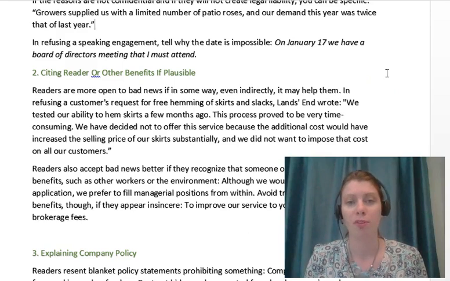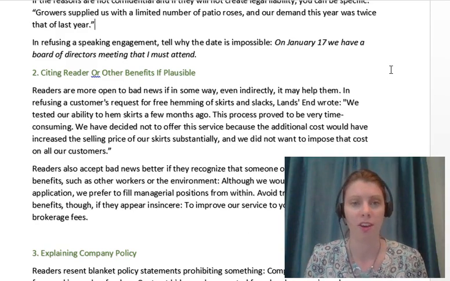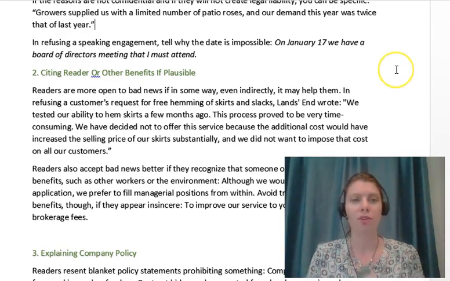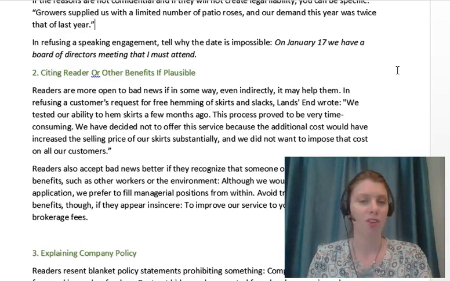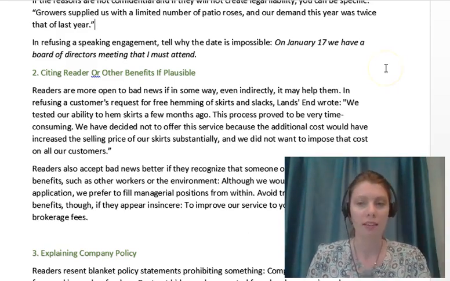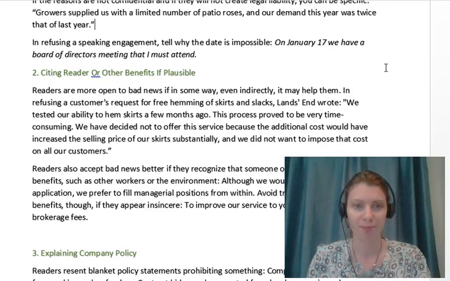This process proved to be very time consuming. We've decided not to offer this service because the additional cost would have increased the selling price of the skirts substantially, and we did not want to impose that cost on all of our customers." So you're telling the customer no, but you might make them feel better about it. Like, oh, okay, at least I didn't have to pay more for the skirt.